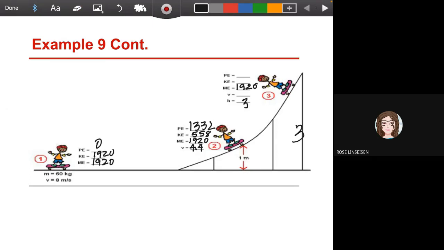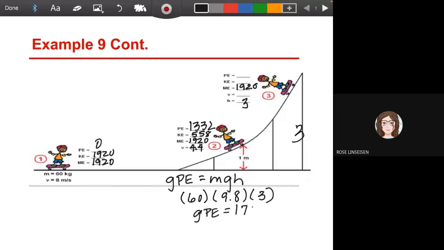All right. So I'm going to do this same thing again. I want to figure out the velocity. So the first thing I have to do is do my gravitational potential energy, which is my mass times my gravity times height. So my mass is still going to be 60 times 9.8 times 3. So 60 times 9.8 times 3 gives me a gravitational potential energy of 1764 joules.